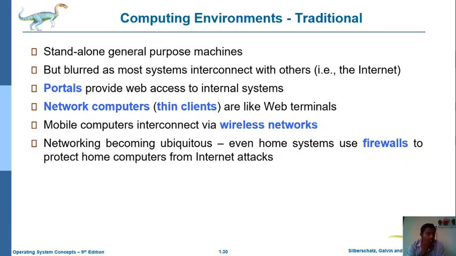Coming to the first one, in which areas do we traditionally use the operating system? The general purpose traditional computing environment is basically used whenever we want to perform general purpose applications.